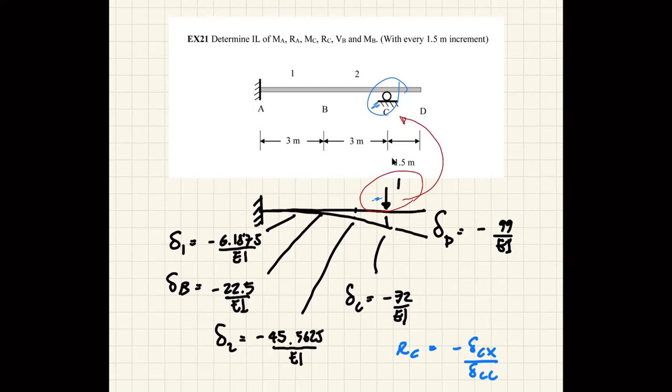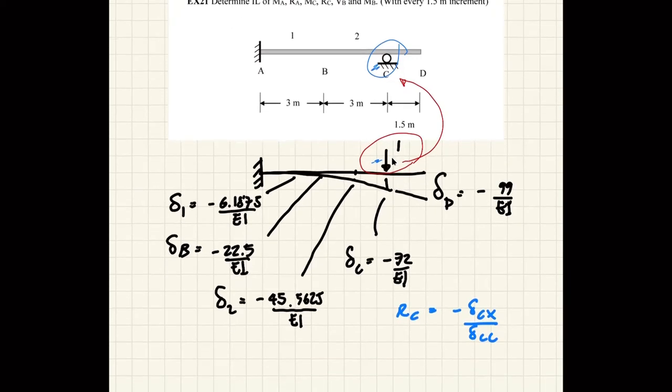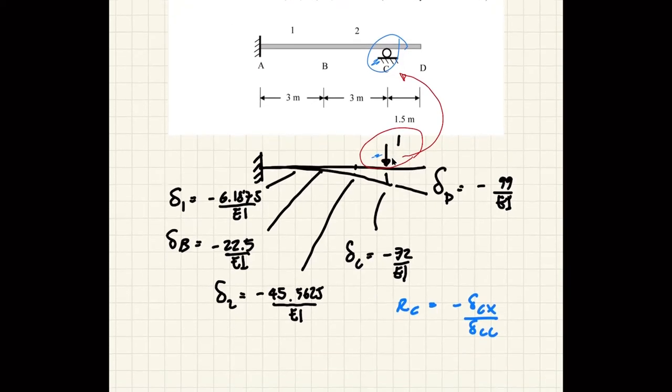And all of these numbers are delta CX. So without further ado, I can just go ahead and turn this into the influence line of RC. Remember that it has to go the opposite way as well.